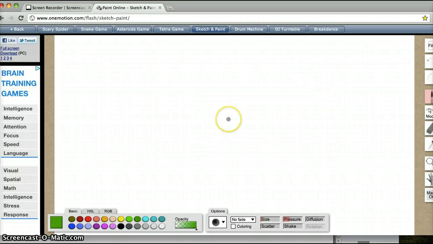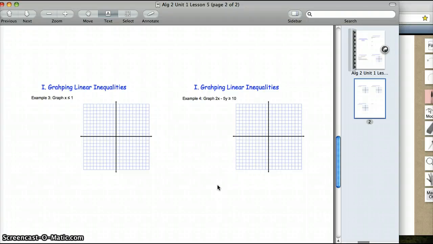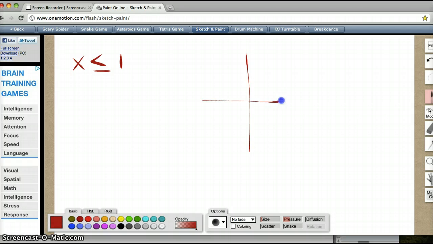Now, our second example is x is less than or equal to 1. Now the first thing we need to do is plot our x. So here we have x is less than or equal to 1.